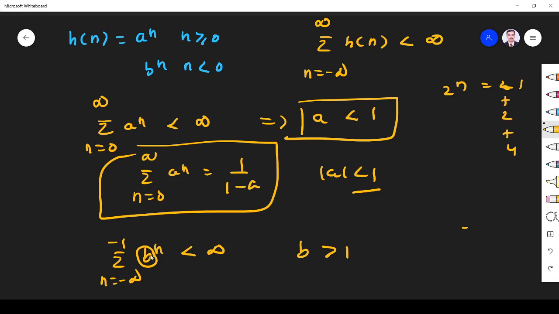Suppose b is, let us assume, less than 1 means 0.5 or 1 by 2, it will become 1 by 2 power n, right? So when n is equal to 1, it will become 1 by 1 by 2, that is 2. When n is equal to 2, it will become 1 by 1 by 2 power 2, that is 4. So it will go up to infinity. So the function will become infinity. It is not absolutely summable.